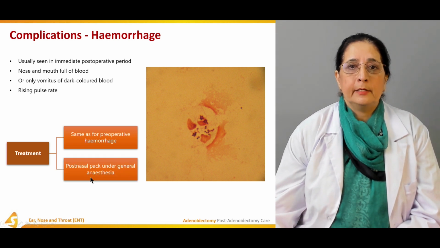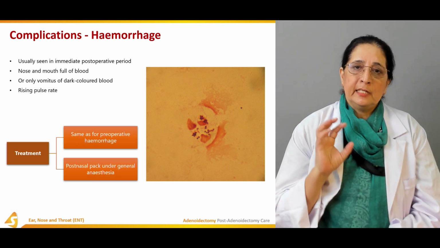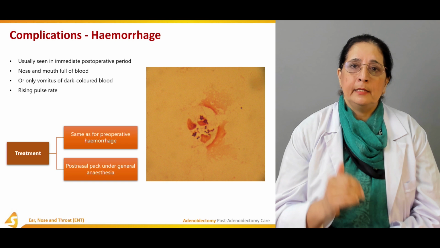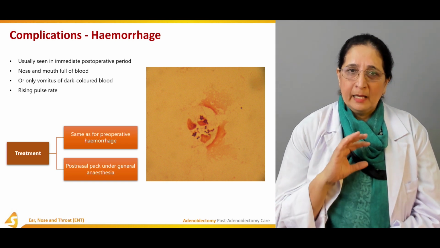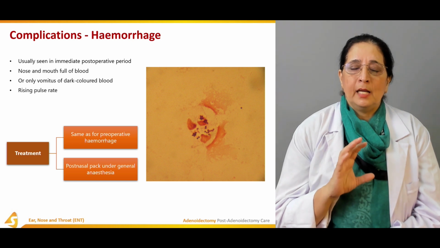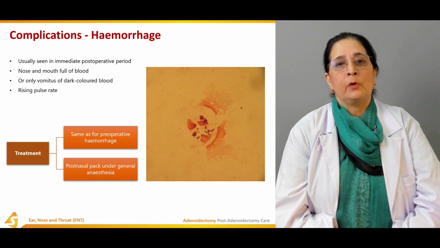Treatment of haemorrhage is the same as for pre-operative haemorrhage: post-nasal pack under general anesthesia. With that much bleeding, it's usually very hard to see behind the bleeding, so patients should be given general anesthesia. All the cleaning should be done, and then post-nasal packs are applied for about 24 hours.